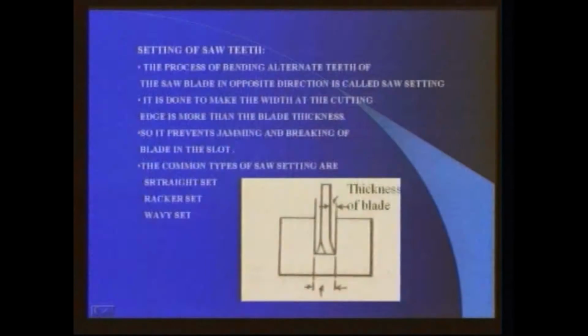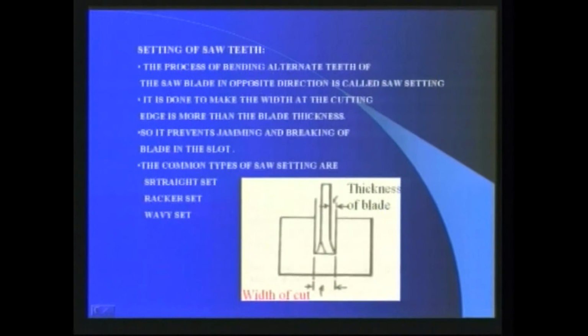Now we discuss about setting of saw teeth. The process of bending alternate teeth of the saw blade in opposite direction is called saw setting. It is done to make the width at the cutting edge more than the blade thickness.